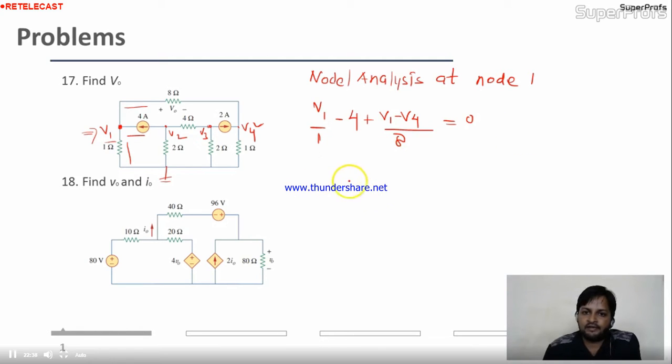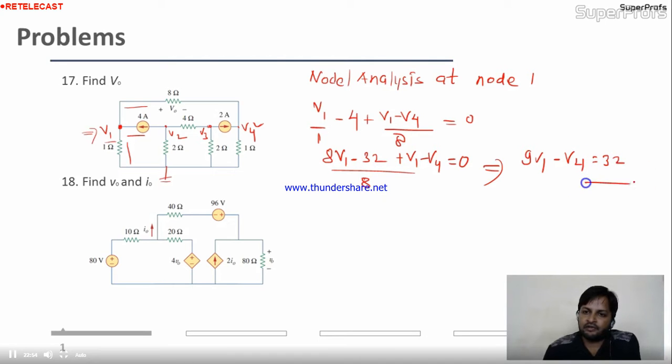We can simplify this. Take LCM 8. This is 8V1 minus 32 plus V1 minus V4 equal to 0. Again we can simplify: 9V1 minus V4 equal to 32. This is equation 1.